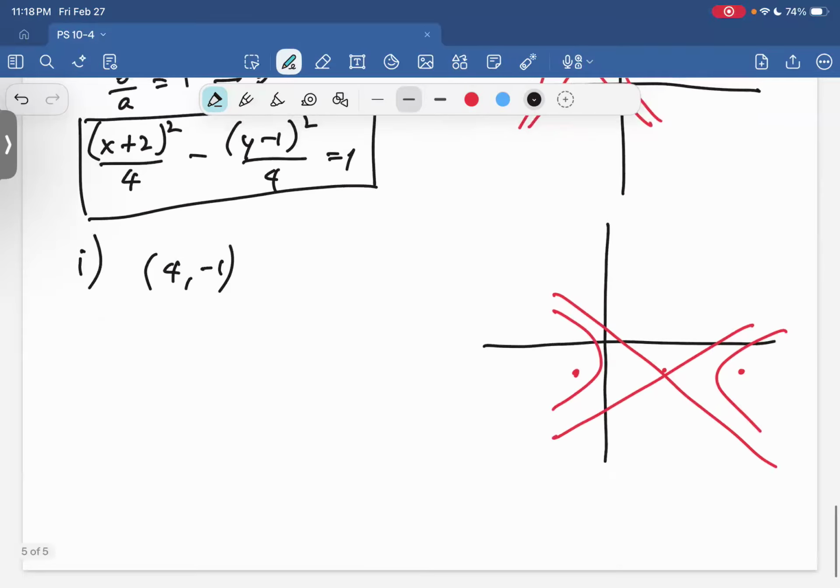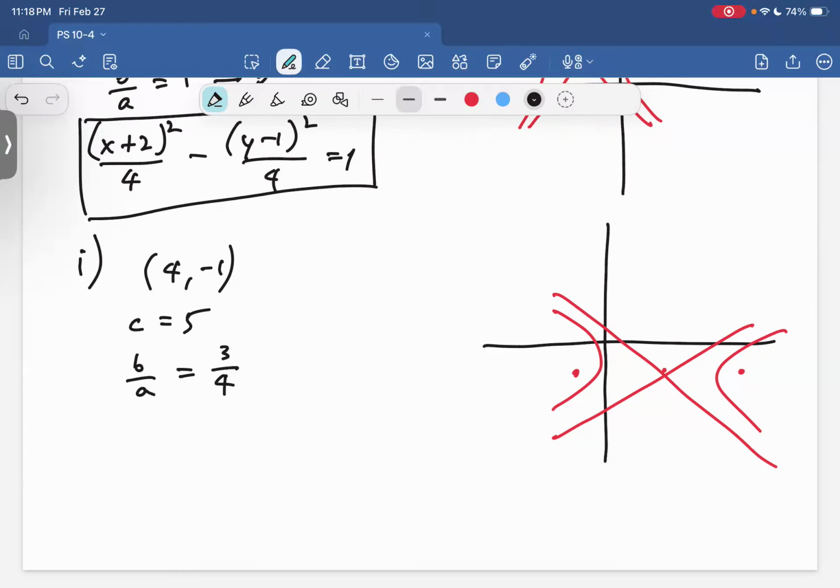I'm given the foci, so I know that C is 5. And I also know that it's a horizontal hyperbola, which tells me that the slopes are going to be B over A. And this should equal 3/4.